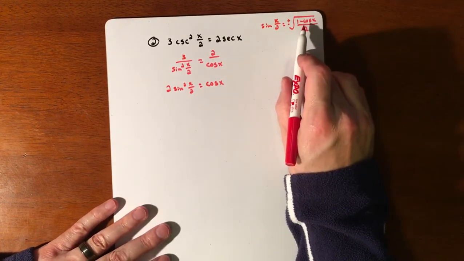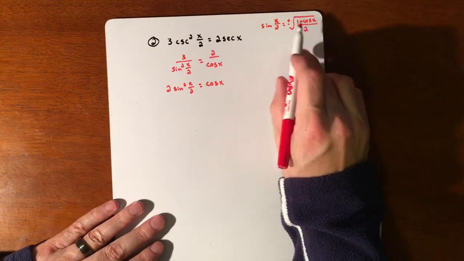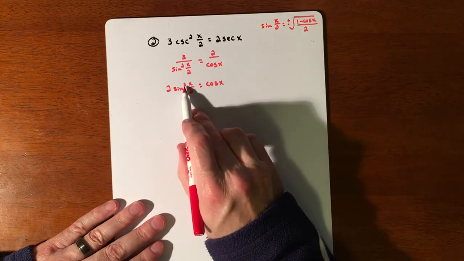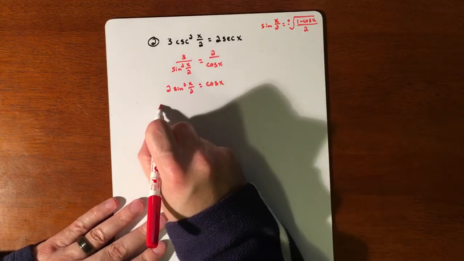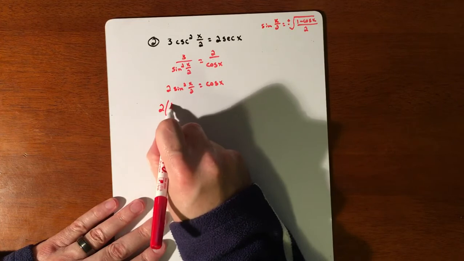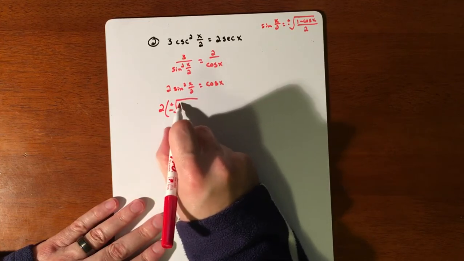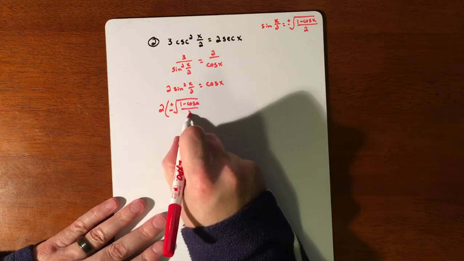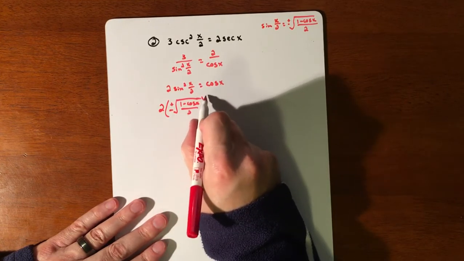Now I don't see how that's going to be any easier by replacing that with something that has a square root. However, it has a square on it. So we're really going to have 2 times this plus minus square root of this, which doesn't look like we're going to be able to do much with it.